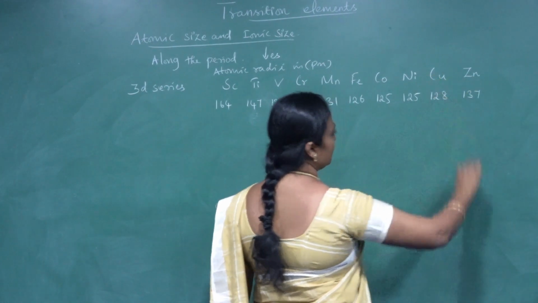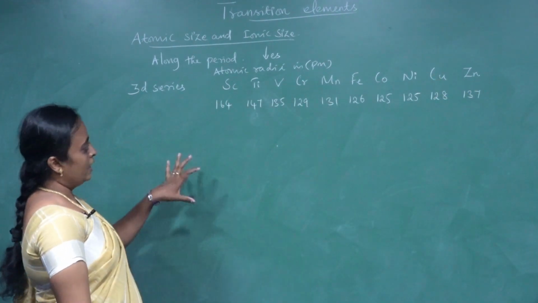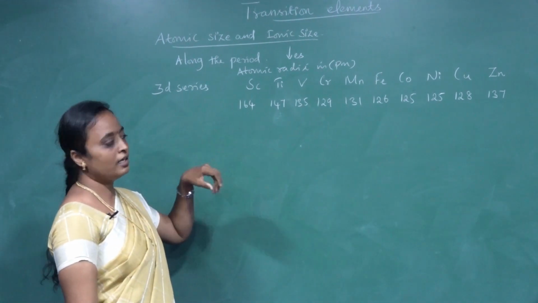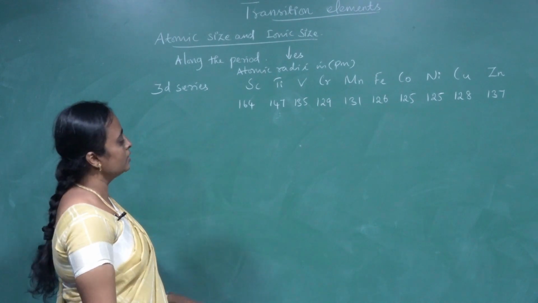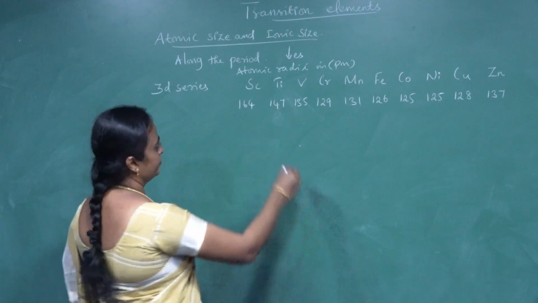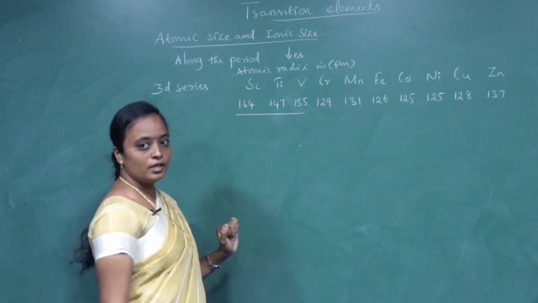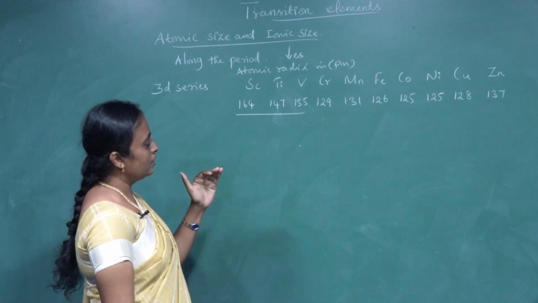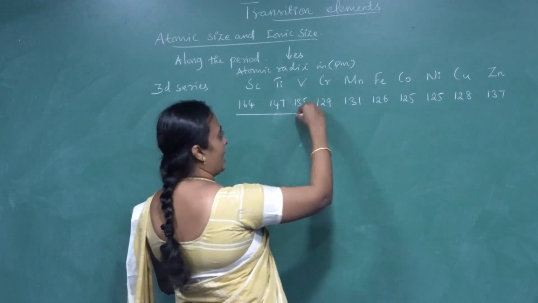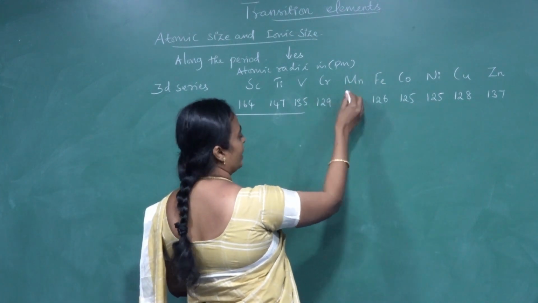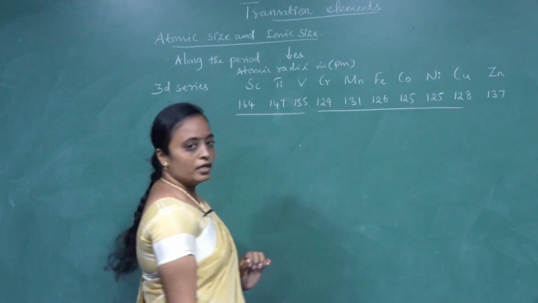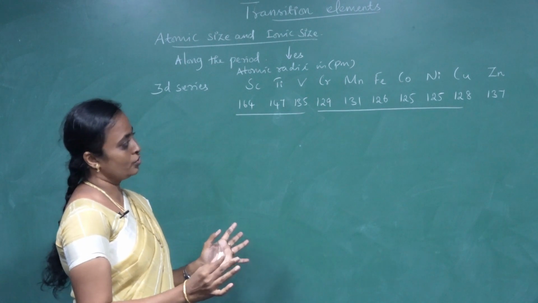And zinc is 137. This is a contradiction to the general observation in atomic radii, because from scandium to vanadium the atomic radii gradually decrease. But from chromium to copper, it remains almost a constant value.